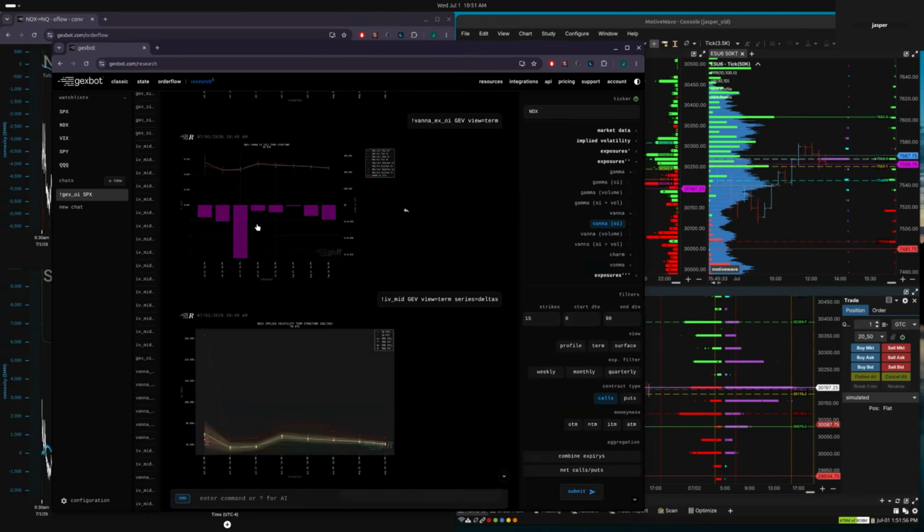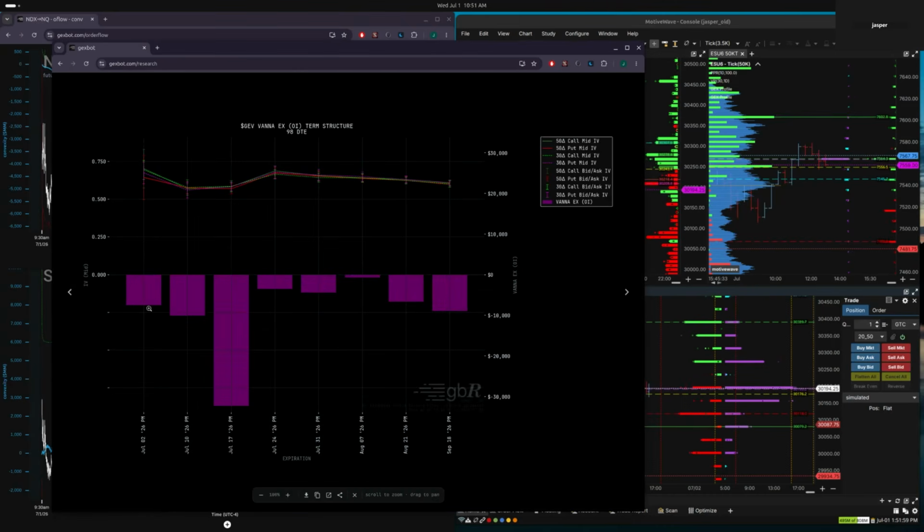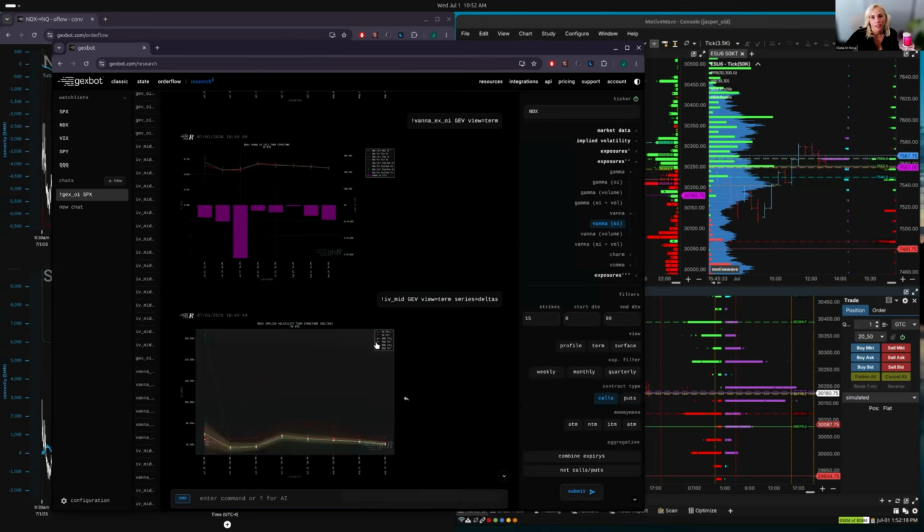And then if we're looking at Vanna, we're looking at existing positions that are currently open, right? So this is not latest price, but rather the aggregation of currently open contracts and then measuring the Vanna of those positions at each expiry. Yeah. So it's the combination of the two.